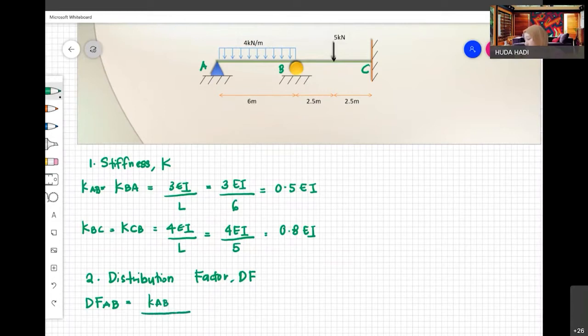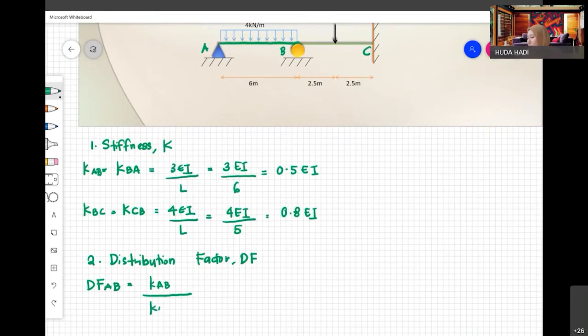Now you have to divide with total stiffness at support A. So, dekat support A tu you just have one beam here that sit on the support A which is beam AB juga. Okay, therefore stiffness AB je lah. Dan you masukkanlah value KAB which is 0.5 EI dan you dapat 1.